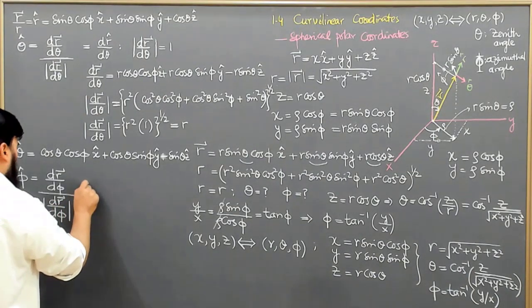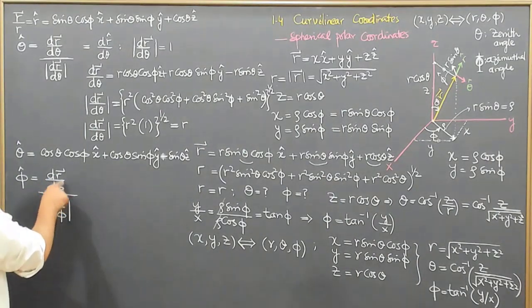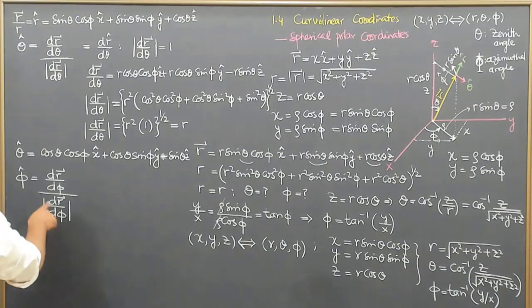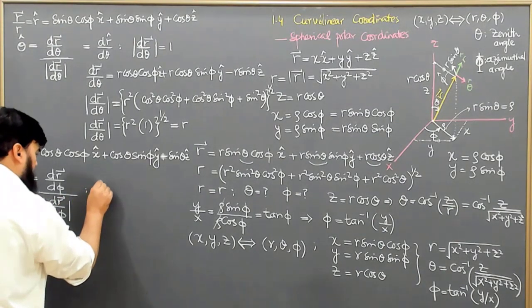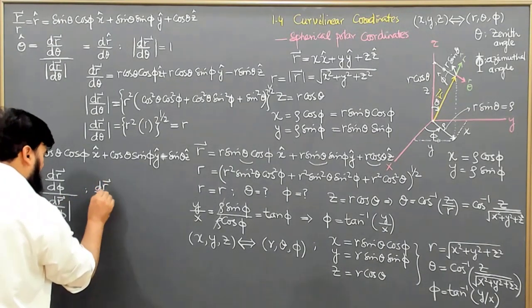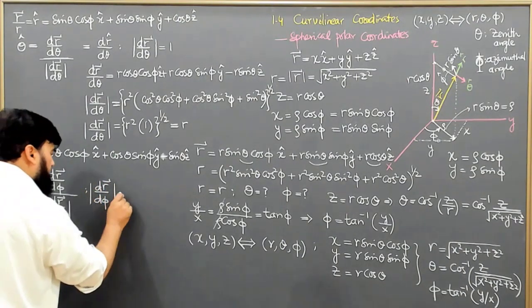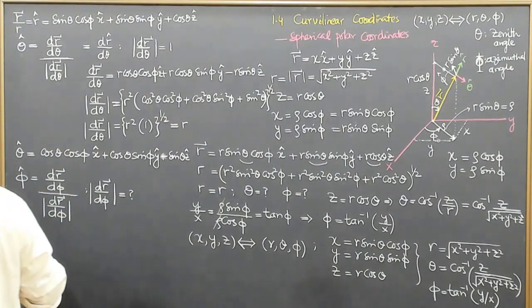Now if we take the r vector by d phi, this will give us the required component, but we will have to determine the magnitude as well. So what about dr vector divided by d phi, and the magnitude of this one, we will have to calculate.